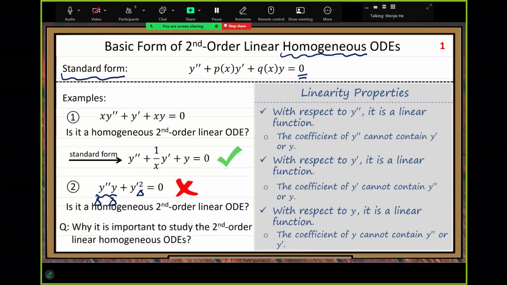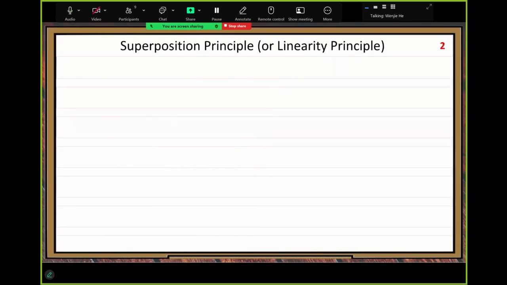Now I answer the question: why is it important to study second order linear homogeneous ODEs? Because of the goal. We want to find all the solutions, right? When we need to solve a second order linear ODE, we want to find all the possible solutions.